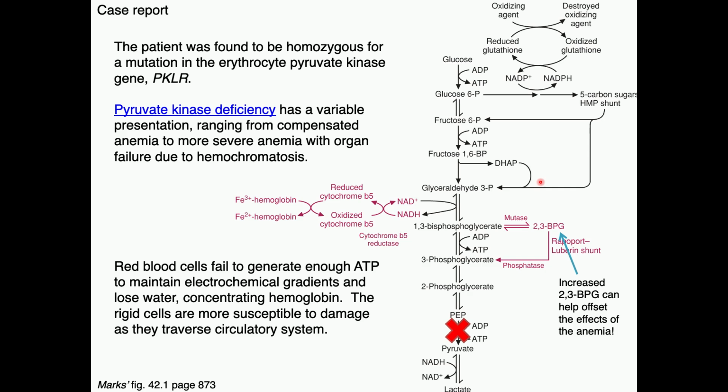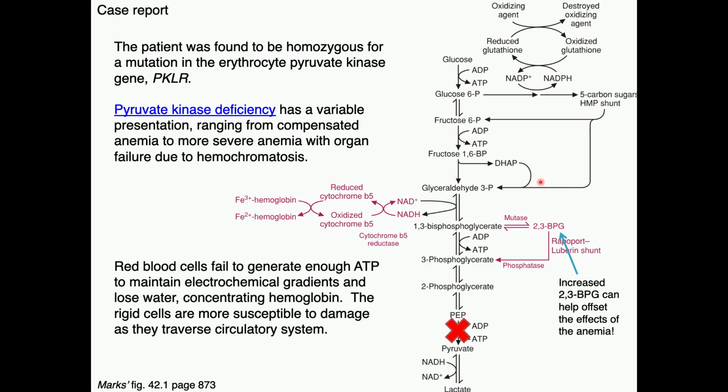So the consequence here is that the cells have a failure to generate enough ATP to sustain their cell membranes. The cells then dehydrate and they have a difficult time getting through the capillaries and the circulation, and that gives them that kind of ragged appearance in the smear that we saw.